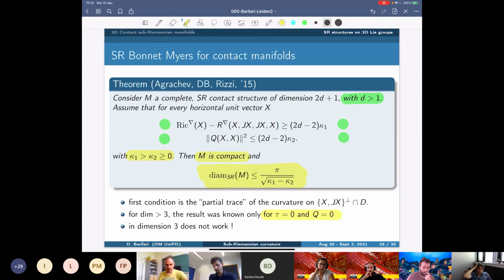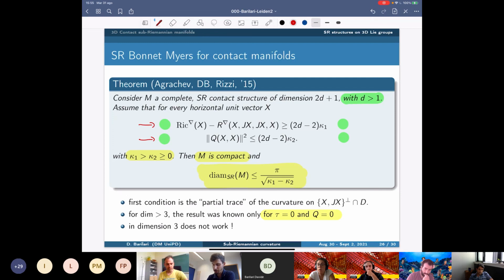But as I was saying, this particular result does not work in dimension 3. Our theory gives something also in dimension 3, but it is a little bit more complicated to state, because these two quantities in dimension 3 are 0, and so the theorem should be changed, because this theorem needs d bigger than 1, since if d is 1 the assumption is not satisfied.